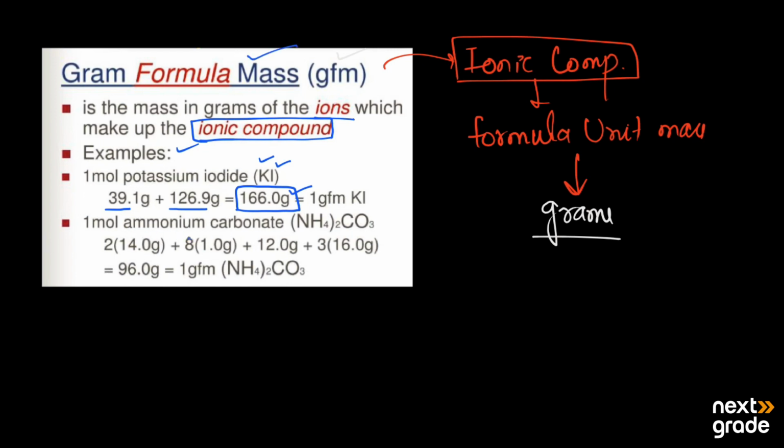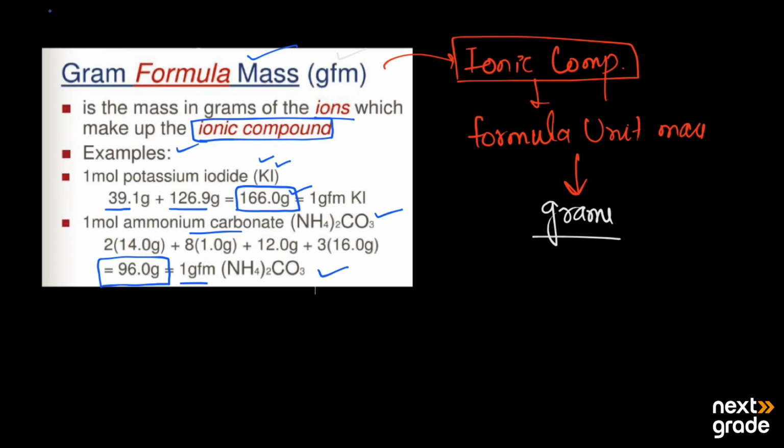And if we have 1 mole of ammonium carbonate, (NH4)2CO3, its mass is calculated, and at the end we get 96.0 gram. So it is equal to 1 gram formula unit of ammonium carbonate. This is very simple.